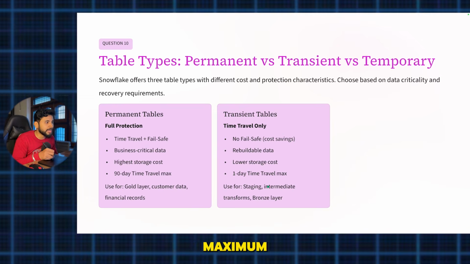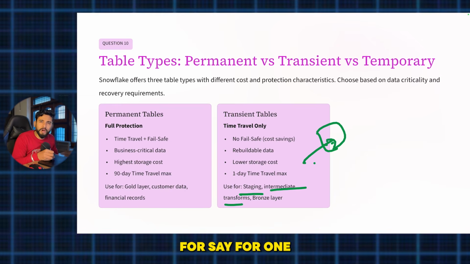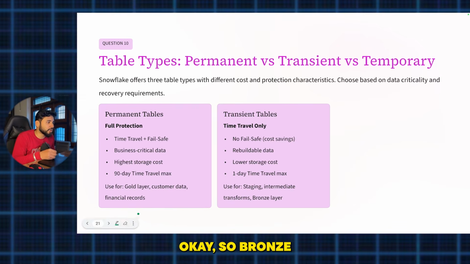Use it in the staging layer or intermediate layers, because you will not require the staging layer permanently. You may need it for 1 hour, 2 hours, 3 hours, or 1 day, because the staging layer is where your data lands, and from there you fetch the data into your main table, such as the bronze table. So the bronze layer you can also make as a transient table.